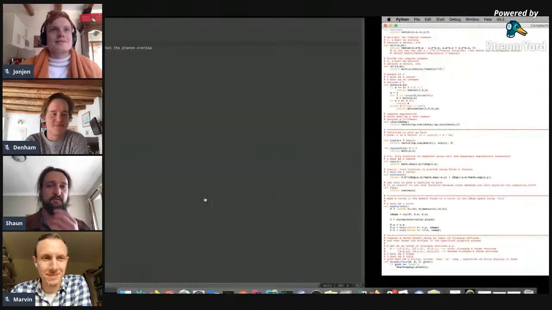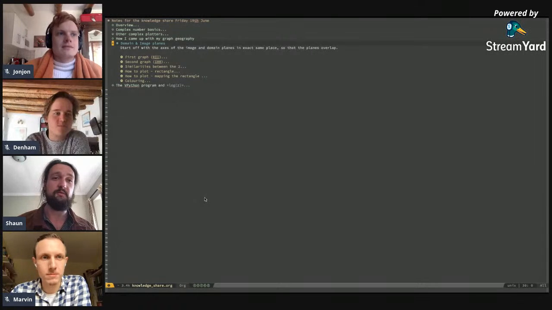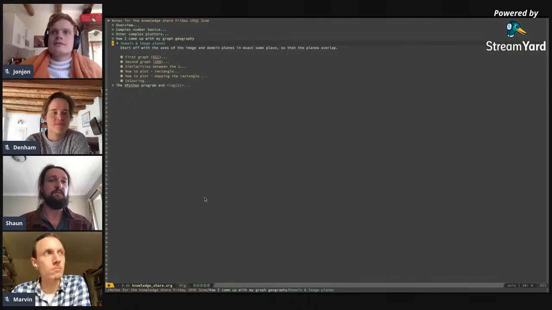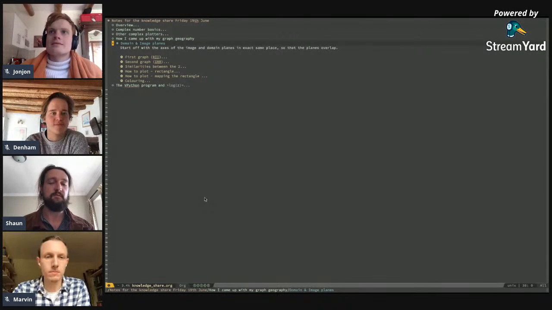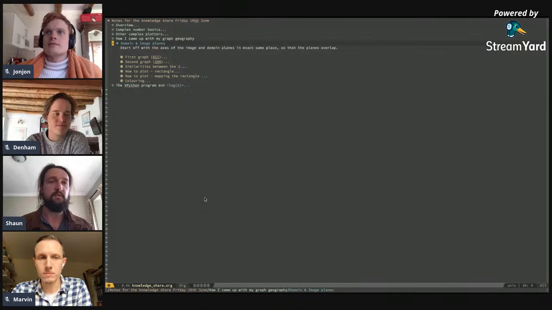Let's go on to explaining how my thing works before I show exactly what it looks like. The first thing is, we have the domain and we have the image planes. What does that mean? The domain is just where you take the variables from, and the image is where they get mapped to.